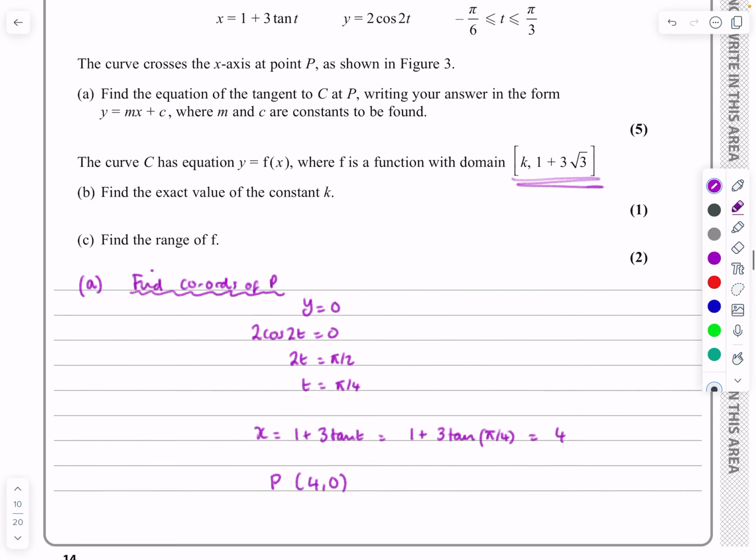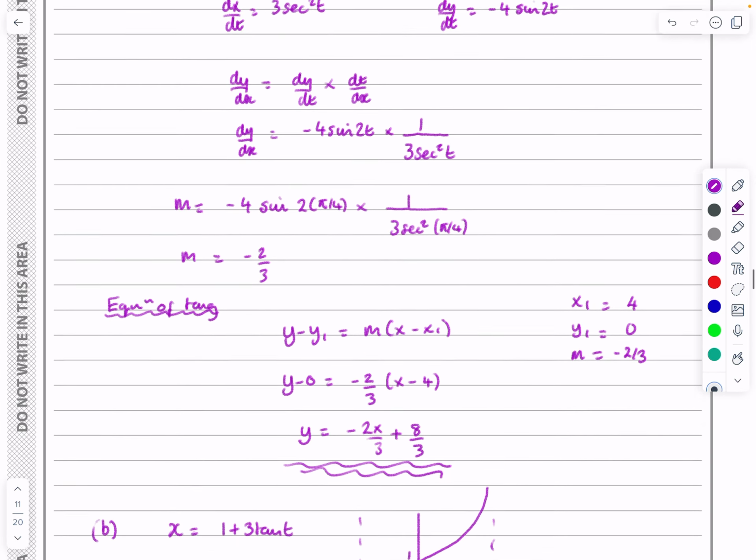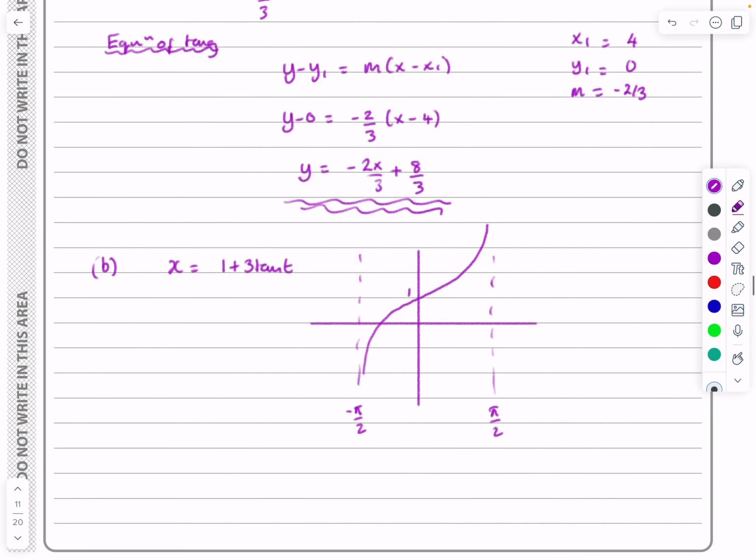From minus pi over 6 to pi over 3. Well, minus pi over 6 to pi over 3 is in here somewhere and in here somewhere. So I know that between those values, the end value of that and the end value of that are going to work out to be the end values of x.